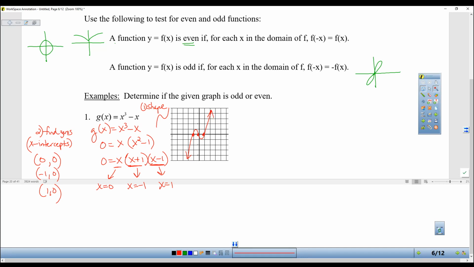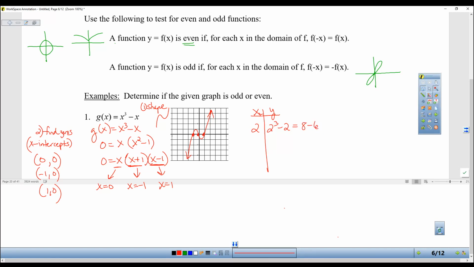But if you can't look at a function and say, oh, I can tell that that's even or odd, the graph is one way, the other best way to know is just to pick a point. So I'm going to say, what about when x is 2? So when x is 2, I get 2 cubed minus 2, which is 8 minus 2.